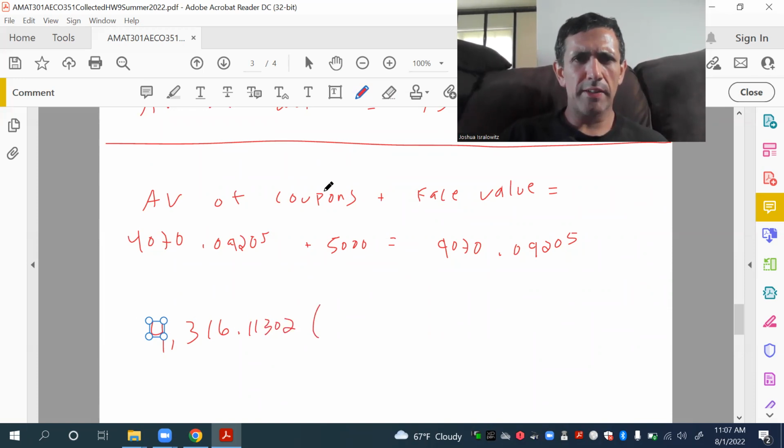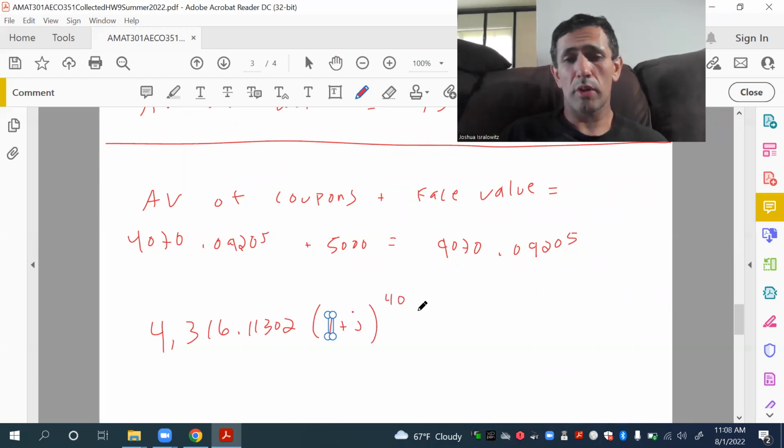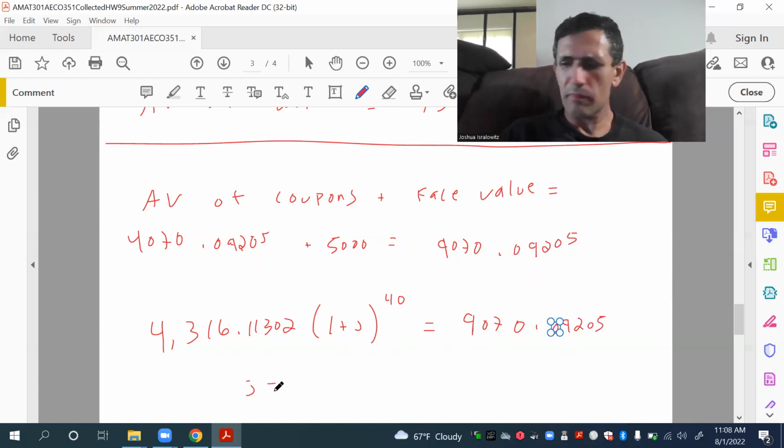And we're pretending this investment sits in a bank account for 40 six-month periods, 20 years, earning this interest rate J per 6 months. What is the interest rate J if Don gets back 9,070.09205 after 20 years? What is it going to be?